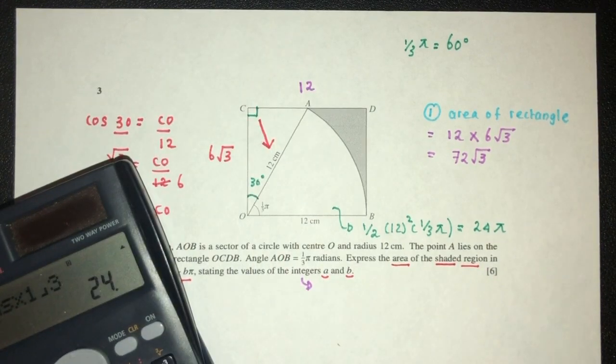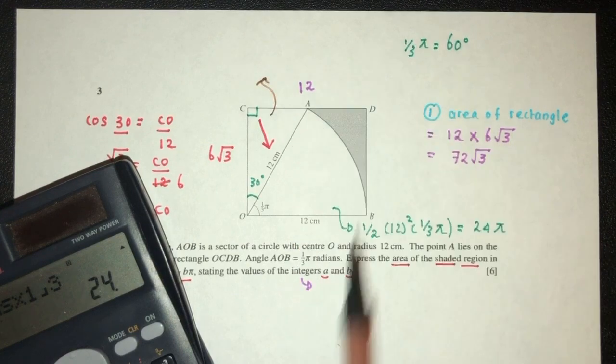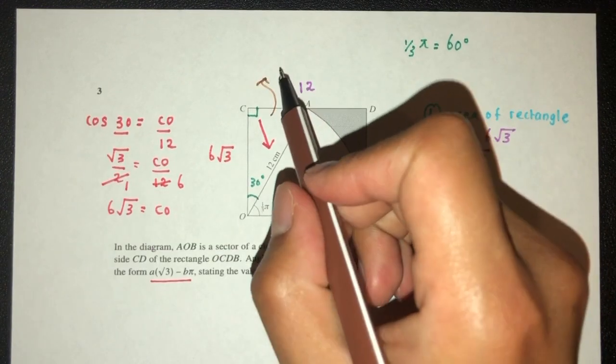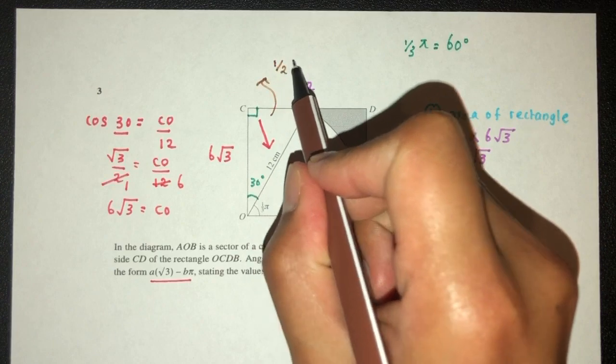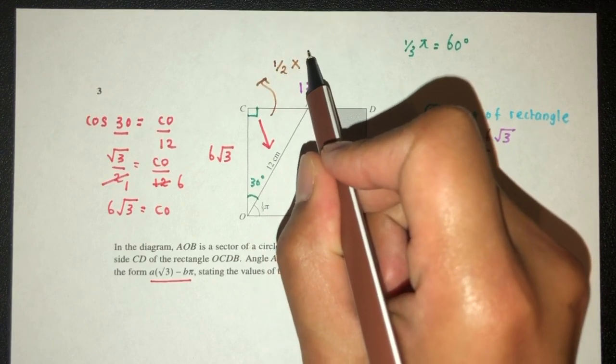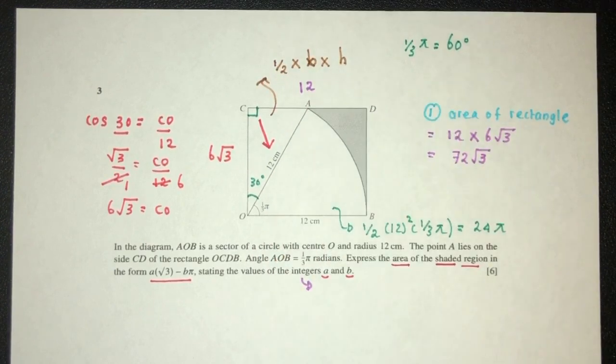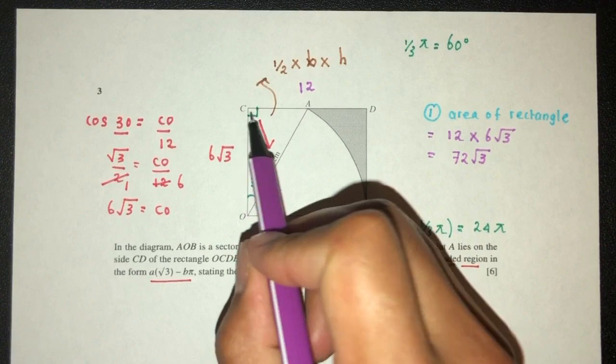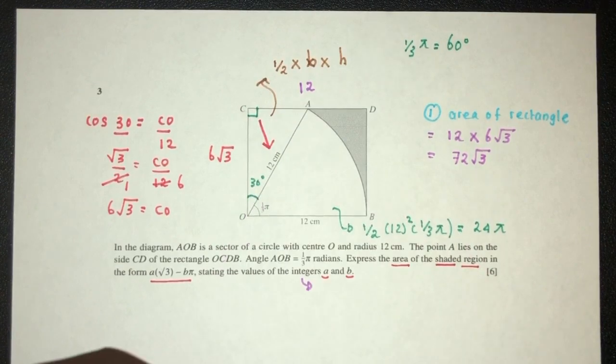Now we also don't need the area of this triangle. How would you find the area of the triangle? We will use half times base times height. Because it is a right angle triangle, we can use this formula. Now we know this one, we have to find the base. Again, we can use SOHCAHTOA.